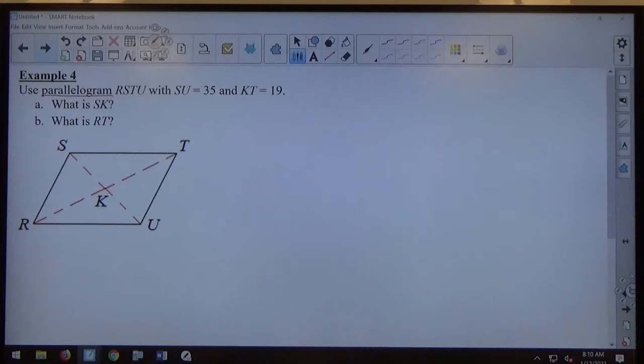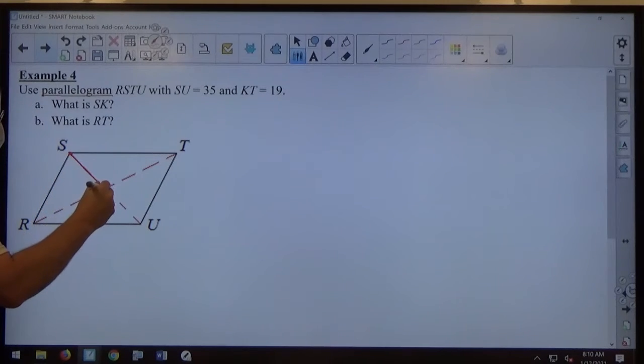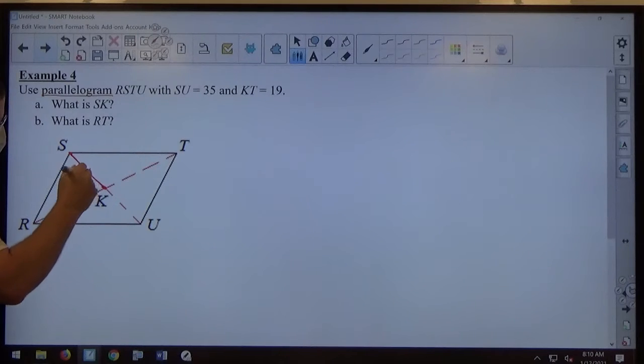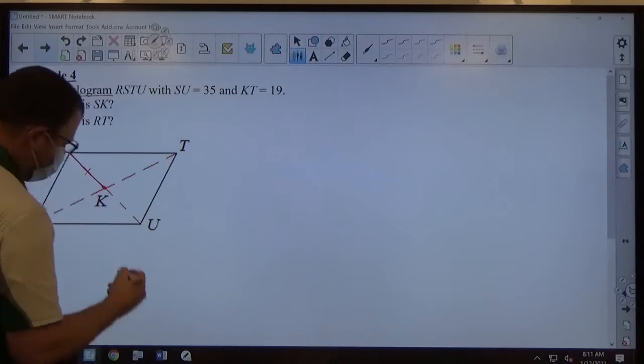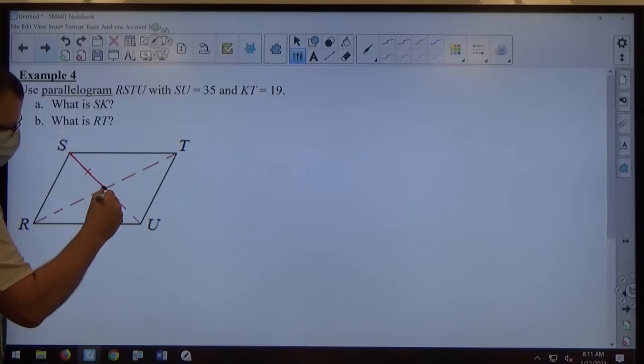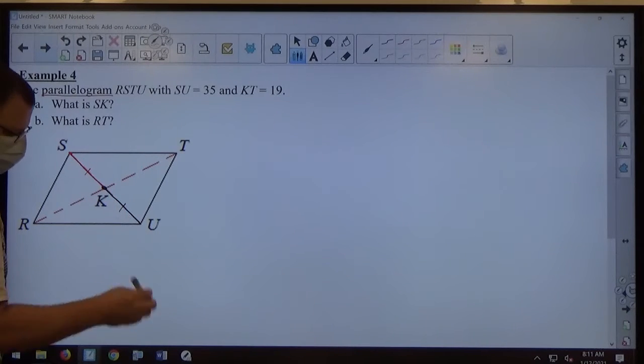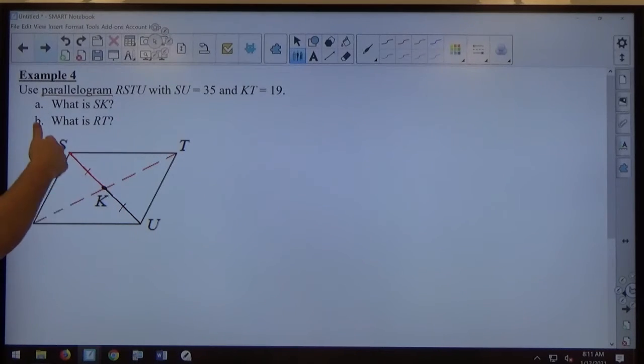This time they've drawn diagonals in it, so the one about diagonals bisecting each other is probably going to come into play. So recall that this piece here is congruent to that piece there. If they're bisecting each other, K is going to be the midpoint of both diagonals.